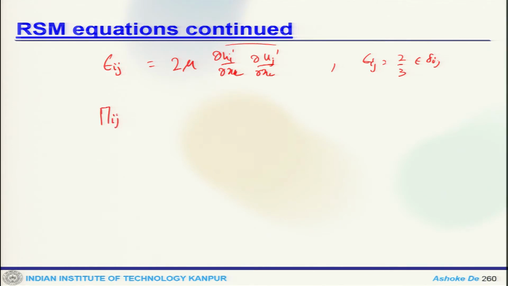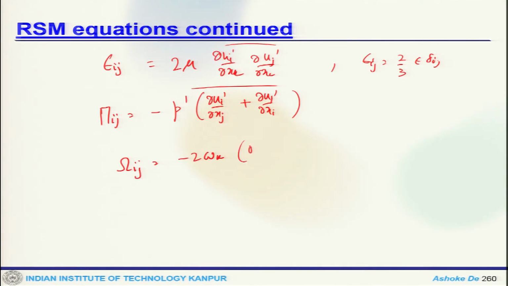Pressure strain term which is minus p prime del ui prime by del xj plus del uj prime by del xi, and there are models available, and the rotation term is minus 2 omega k Rjm Eikm plus Rim Ejkm, where this is minus 1, 0 or 1 depending on the situation.